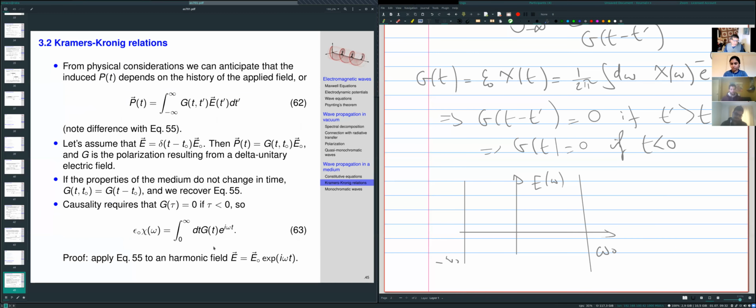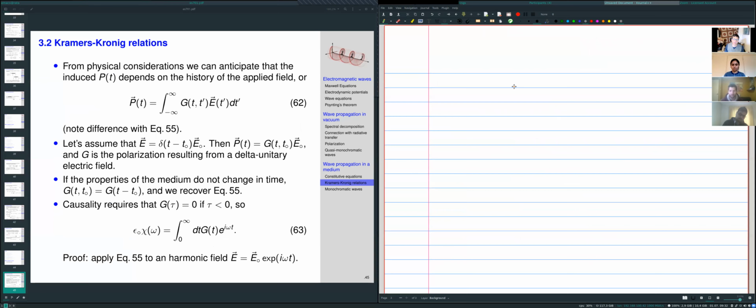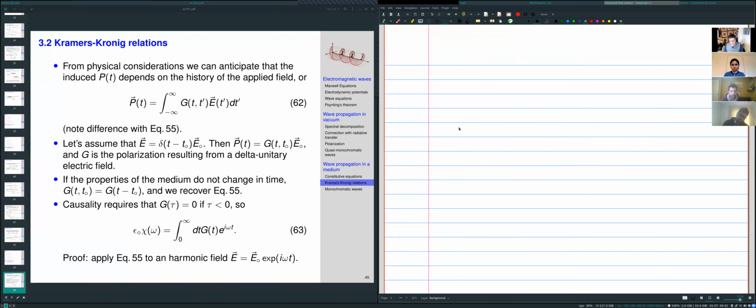I'll now talk about, again, this causality issue. What happens with these causality requirements? The idea here is to show how causality eventually has an important consequence between the real and imaginary parts of the constitutive relationships.